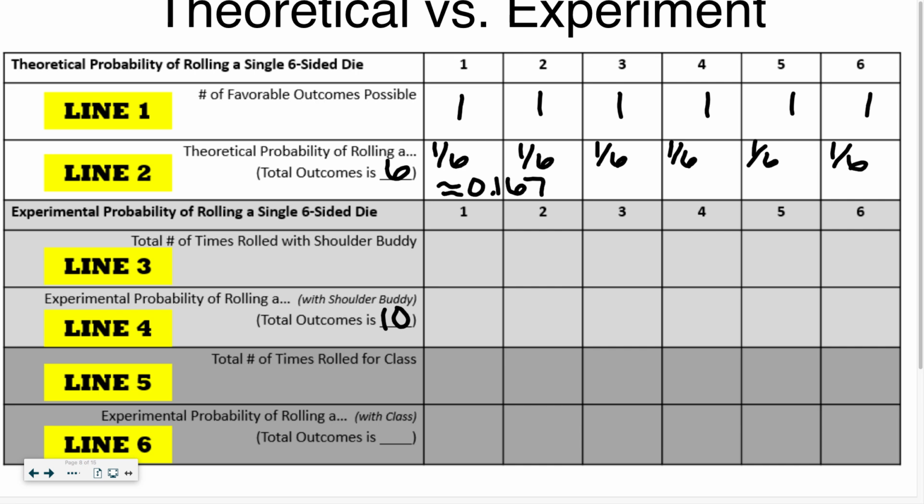I'm just writing them all. I'm just writing what numbers you get. So, 3 ones.